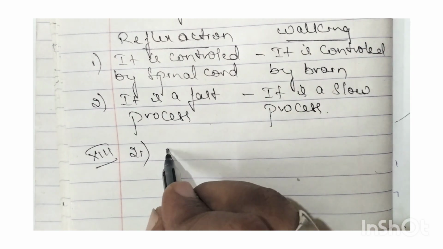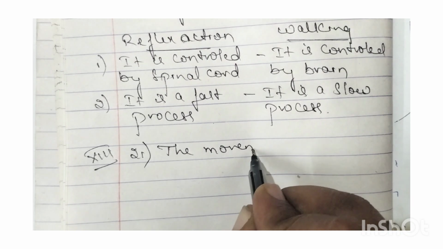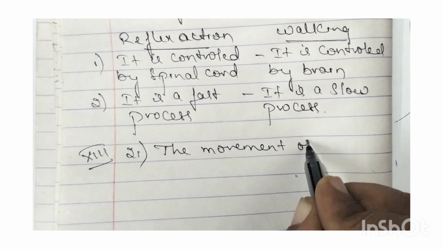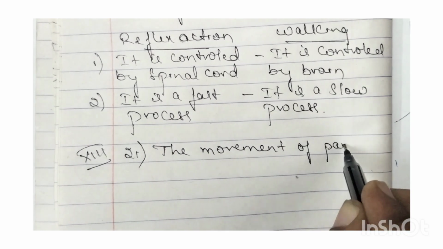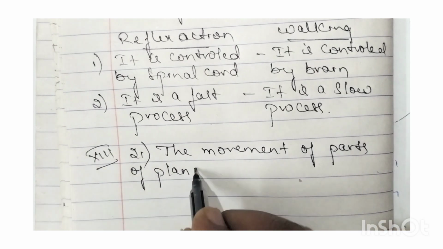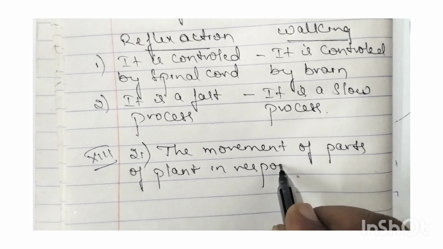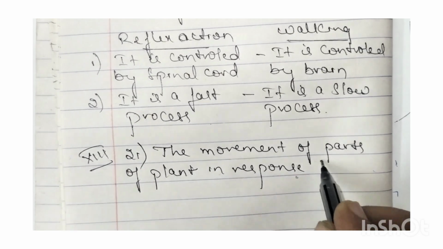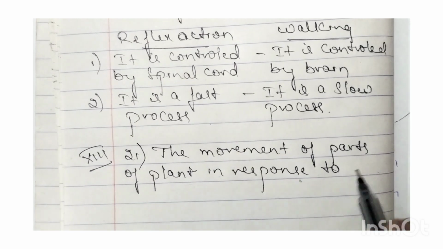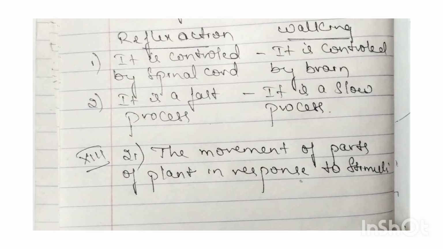The movement of parts of a plant in response to stimuli is called tropic movement.